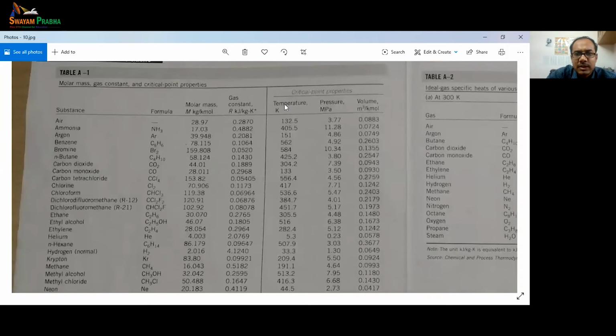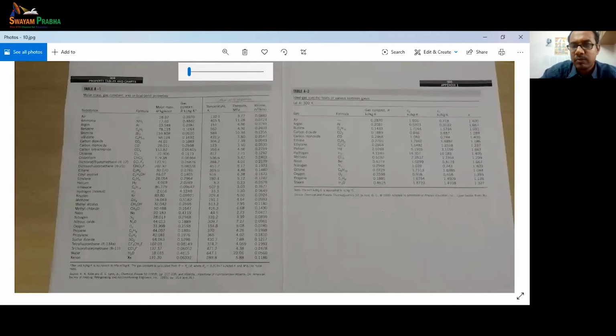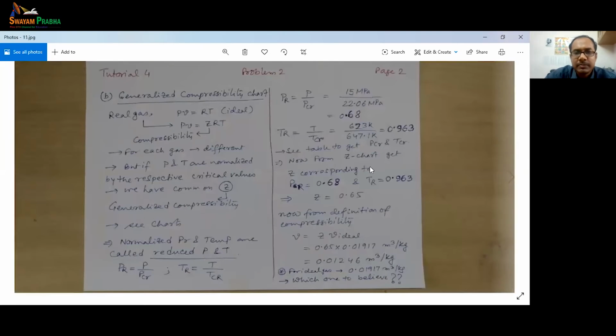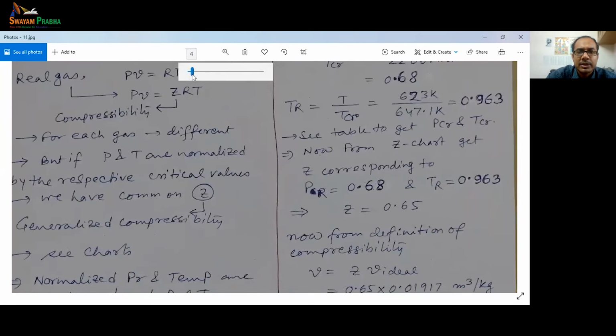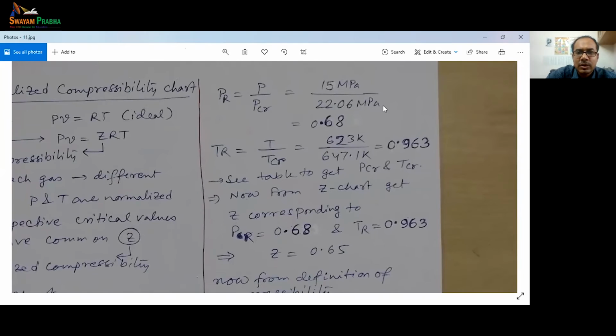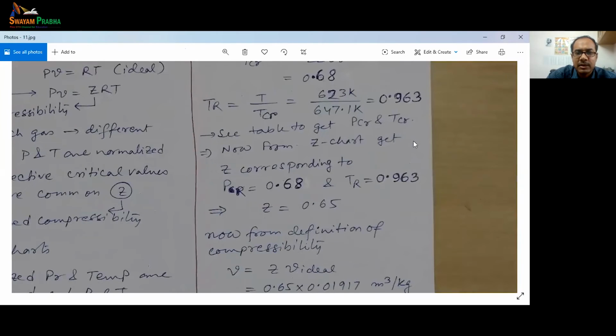So first is the critical point temperature, and then pressure. These values we look up from the table and use for normalizing the pressure and temperature values. These two values, 22.06 and 647.1 Kelvin, we used to obtain PR and TR, the reduced pressure and temperature.